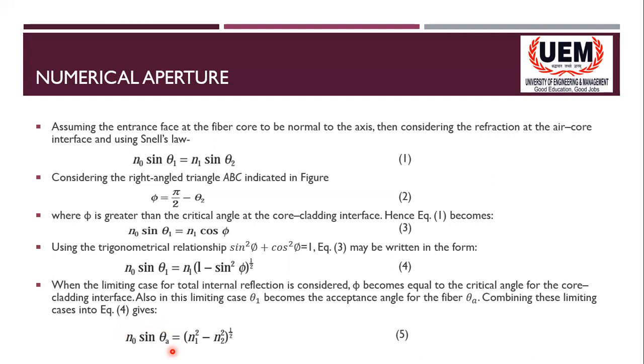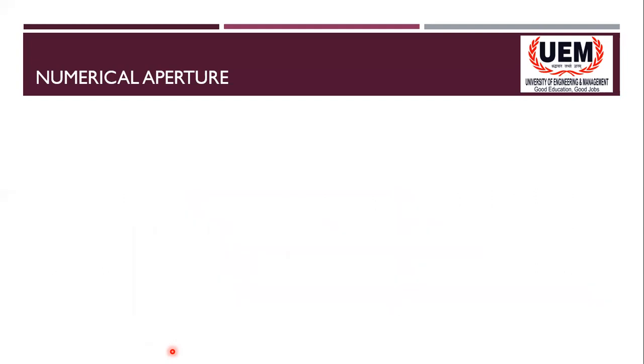Now if you are designing a fiber optic core and you know the refractive index of the core and the refractive index of the cladding that you are going to design, and you can maintain those, you can easily calculate what should be the acceptance angle and the numerical aperture.